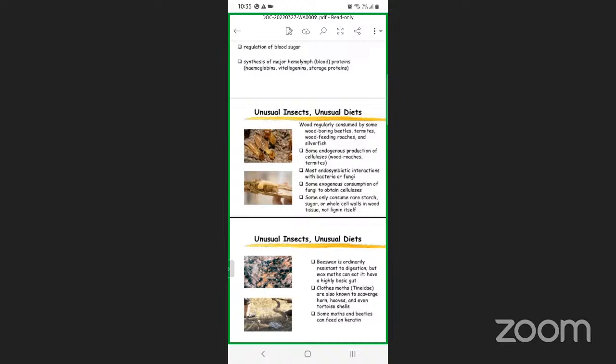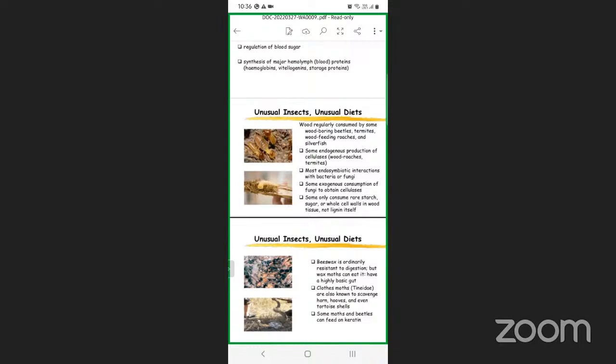Example, you can take the fruit fly, Drosophila melanogaster.